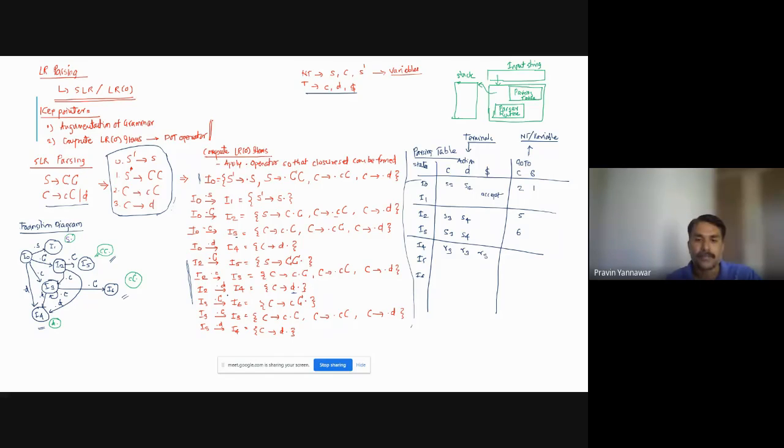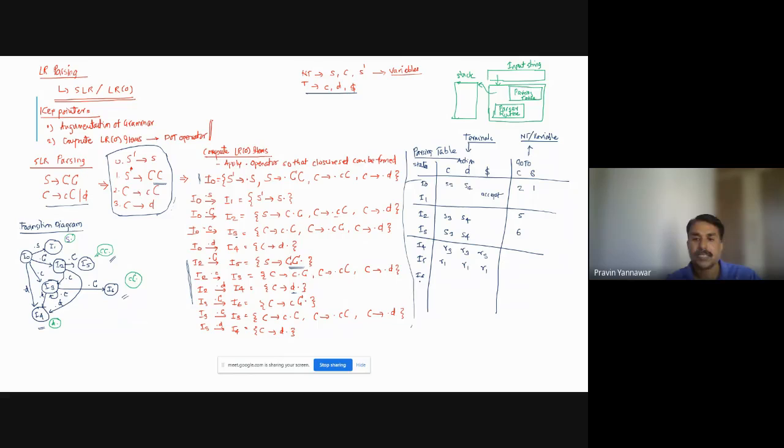Now look at I5. If you look at I5, you will find that it is CC dot. Okay, CC dot means what? Which production have you got? A capital C C. So we are going to write the reduction using production number 1. That is why we have given a numbering to this, just to identify which reduction is going to happen. So this is R1, R1, and R1.